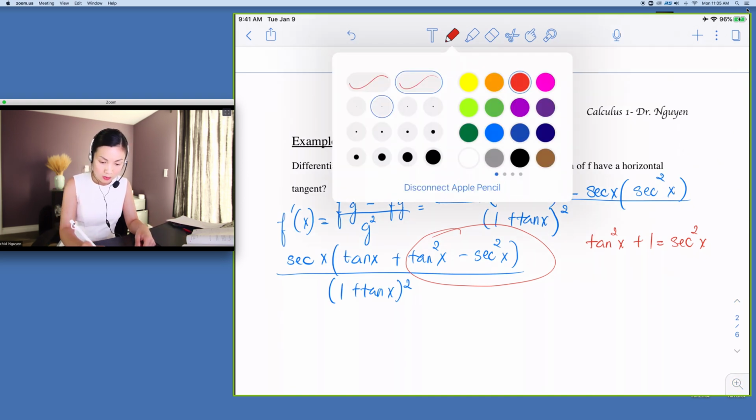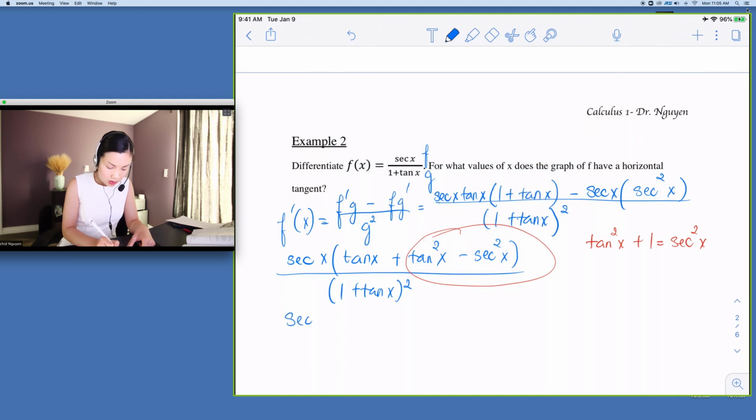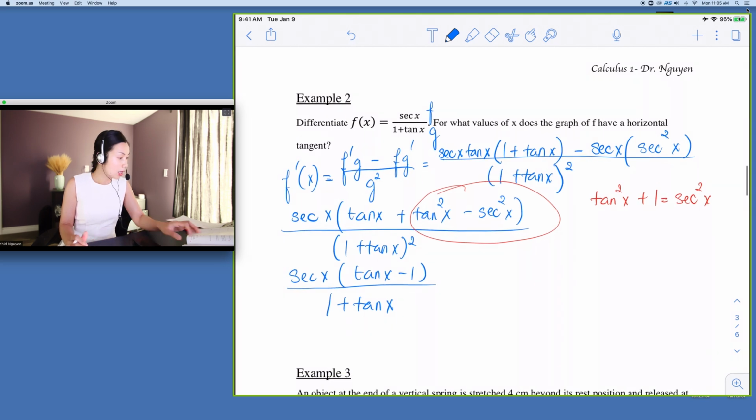So we can simplify it. What I have right here is tangent of x minus 1 over 1 plus tangent of x. That's going to be the derivative, because of course I'm using the identity.